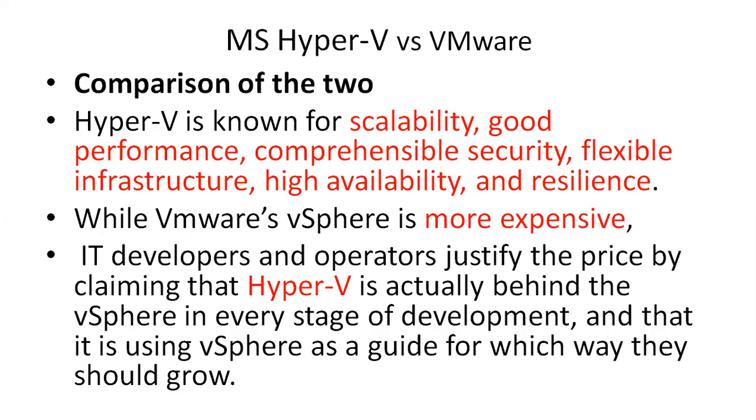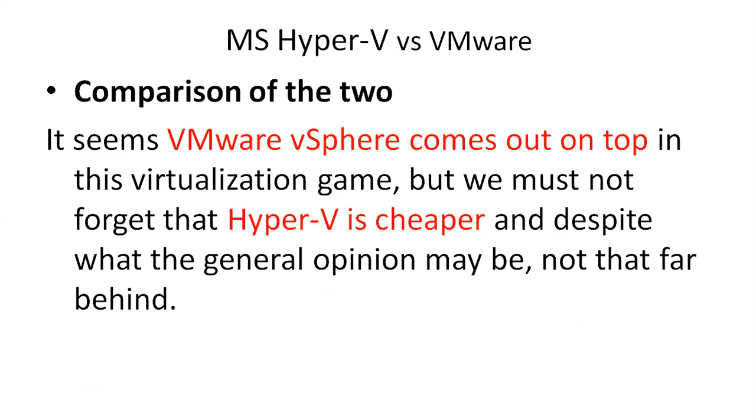IT developers and operators claim that Hyper-V is behind vSphere at every stage of development, using vSphere as a guide for which way to grow. In a simple comparison, VMware vSphere comes out on top because, even though it is costlier, it works well in virtualization. But you must not forget that Hyper-V is very cheap.